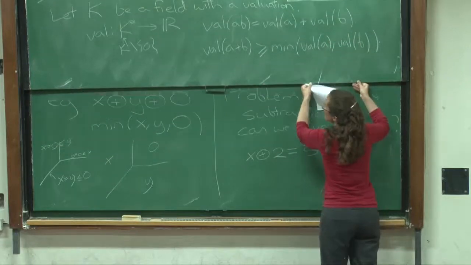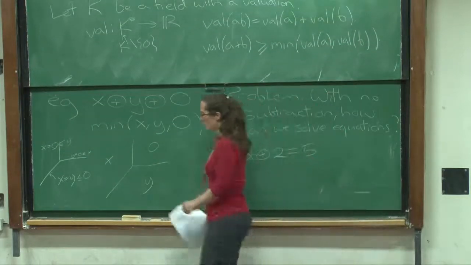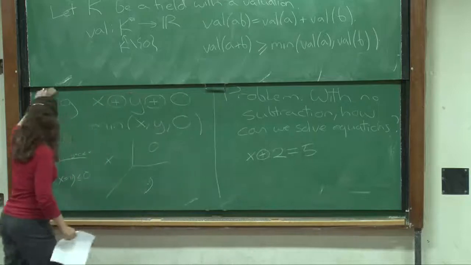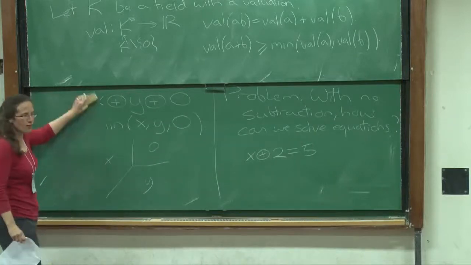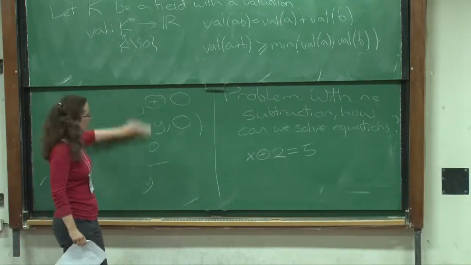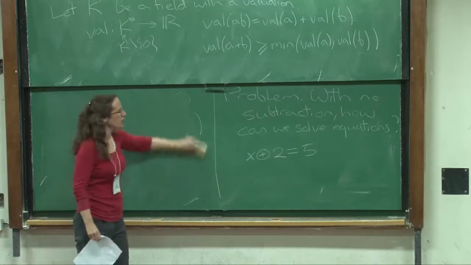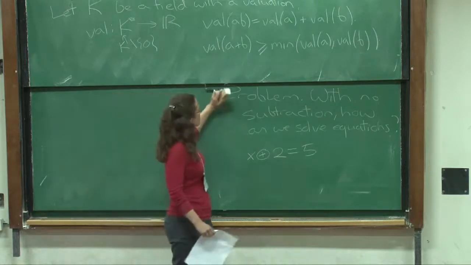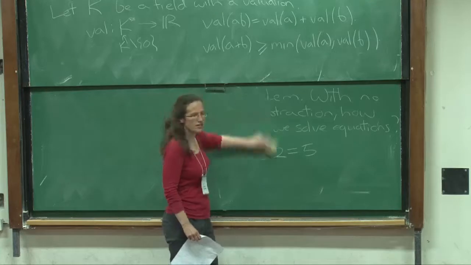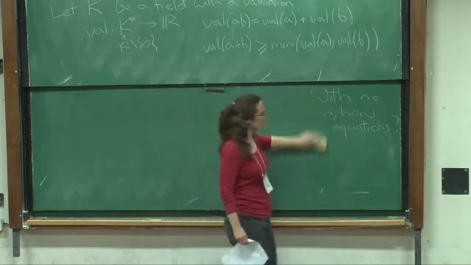So the first is your favorite field is a field with a valuation. Whatever your favorite field is, the valuation might be trivial. So I could take, for example, the complex numbers and take the valuation that says the valuation of everything is 0.